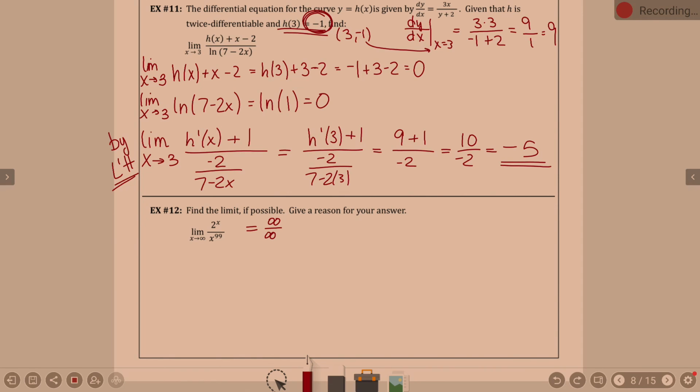You wouldn't get anywhere anytime soon with L'Hopital's, because that's x to the 99th. You would get somewhere with L'Hopital's, just not anytime soon. So this is where we would consider which one is growing faster. I think we'd have to look at the graph to really process this. Technically 2 to the x is growing faster, if I'm not mistaken here.